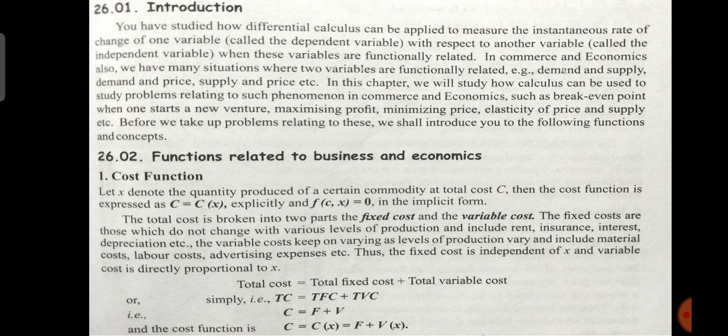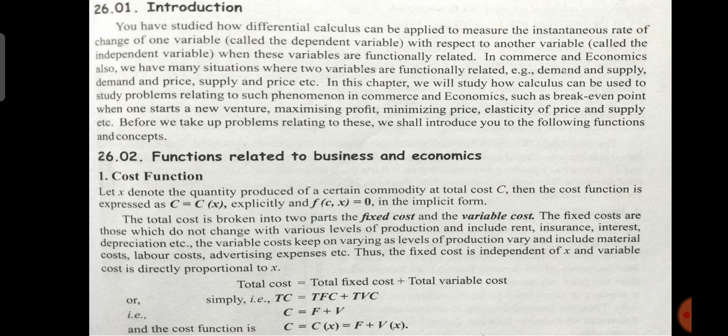First, functions related to business and economics. The cost function: x denotes the quantity produced of a certain commodity at total cost C. Cost is always related to some product. We buy products which have a cost, so this function is related to the commodity.